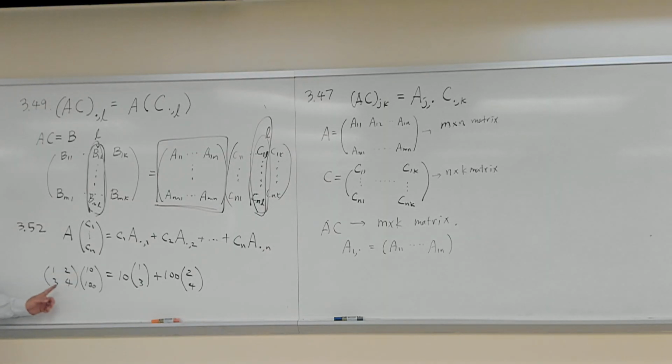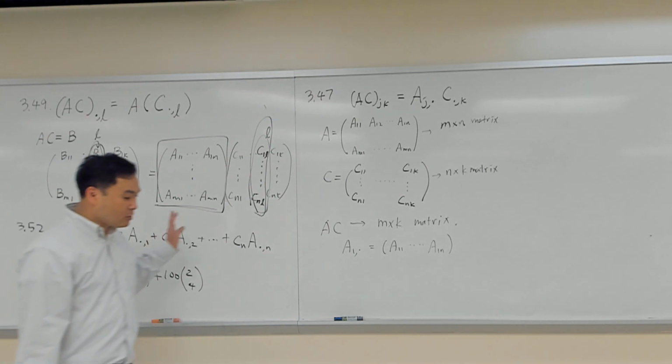This times this gives you 30 and then 430, so that's exactly 430. So 3.52 is just reiterating that if you multiply a matrix with a column vector, that's like taking linear combinations of the columns of A.